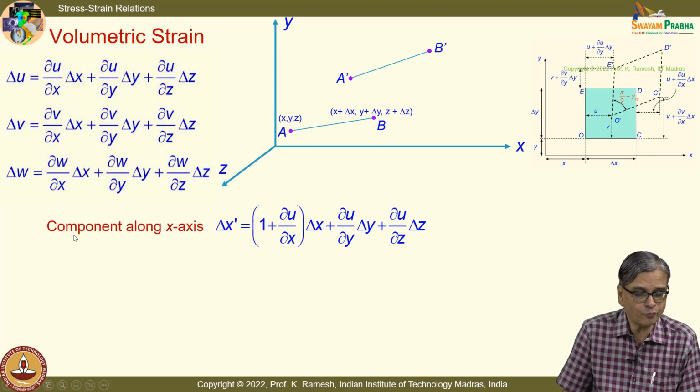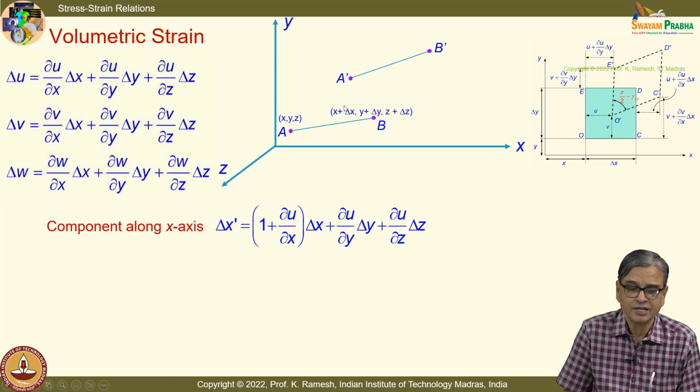And if you look at what are the components along the x-axis, y-axis and z-axis, they will become delta x prime equal to (1 plus dou u by dou x) delta x plus dou u by dou y delta y plus dou u by dou z delta z, primarily because I have the coordinates of B prime as shifted by delta x plus delta u.